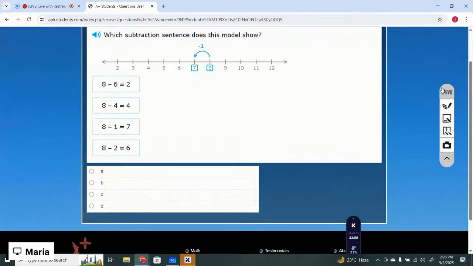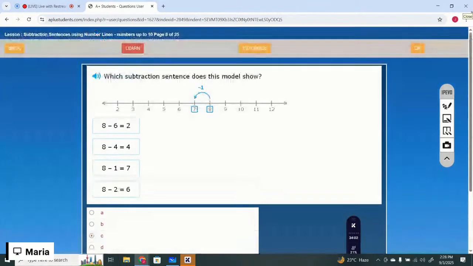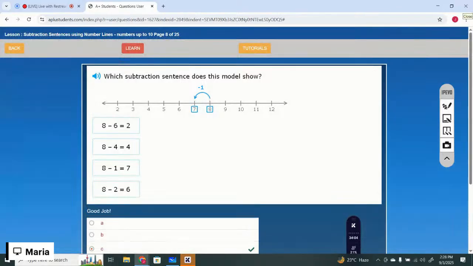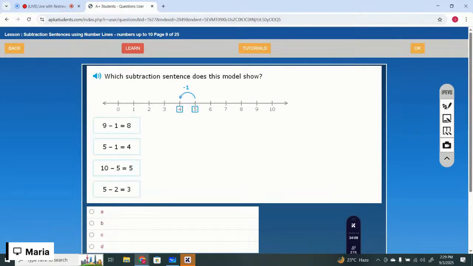It is 8 take away... Option number C is the correct option. Take away 1 is 4. Option number B is the correct option.